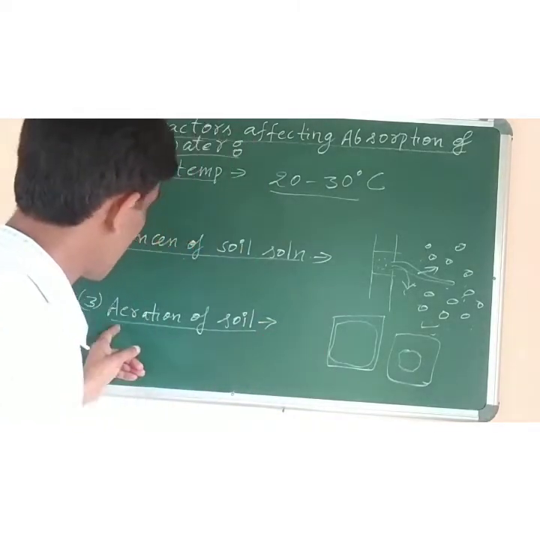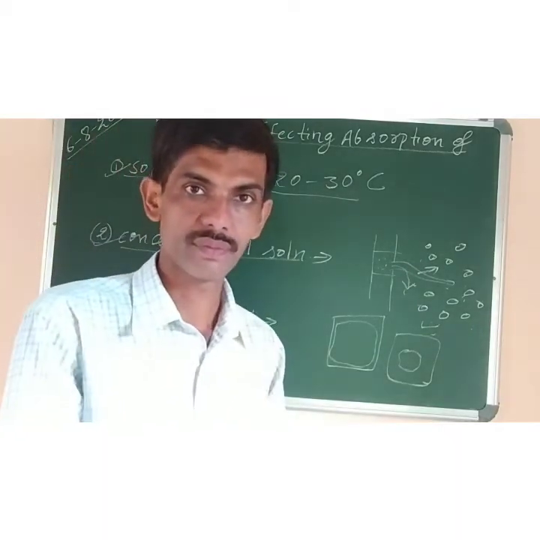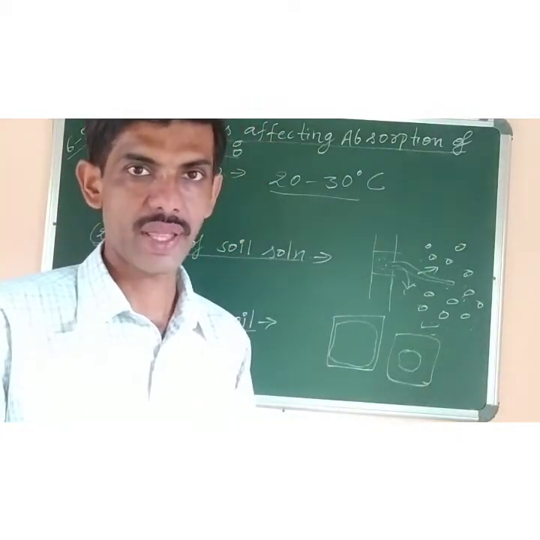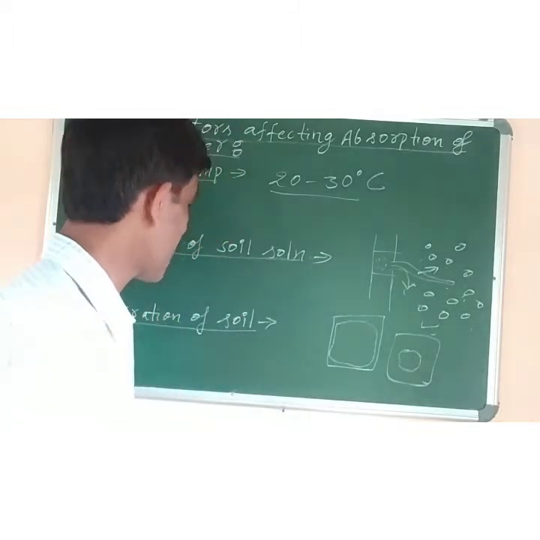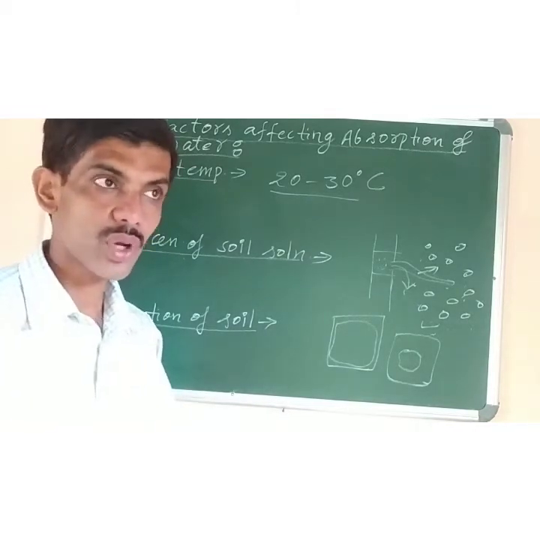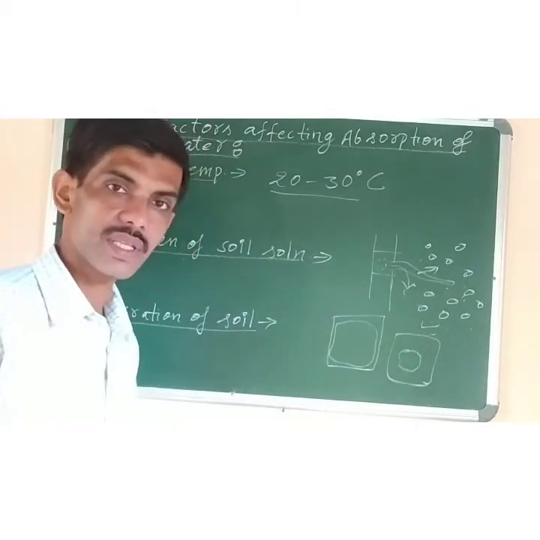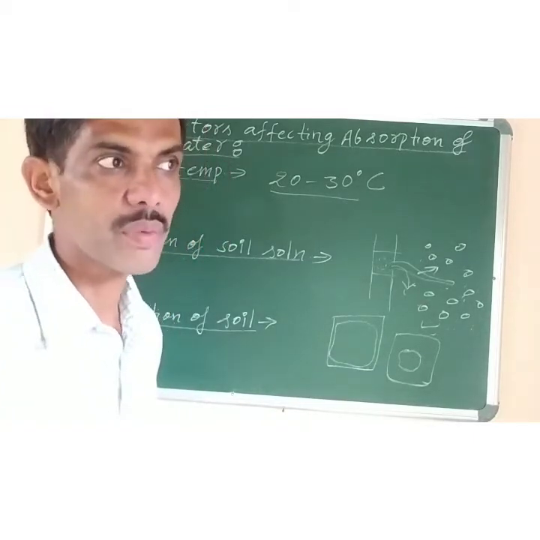Then the third one is aeration of soil. You know that farmers plow the soil or till the soil with the help of tractors, machines, even manually. Why? So that air can go inside the soil, so that the soil becomes aerated. Because if the soil is aerated, it helps to absorb more and more water.